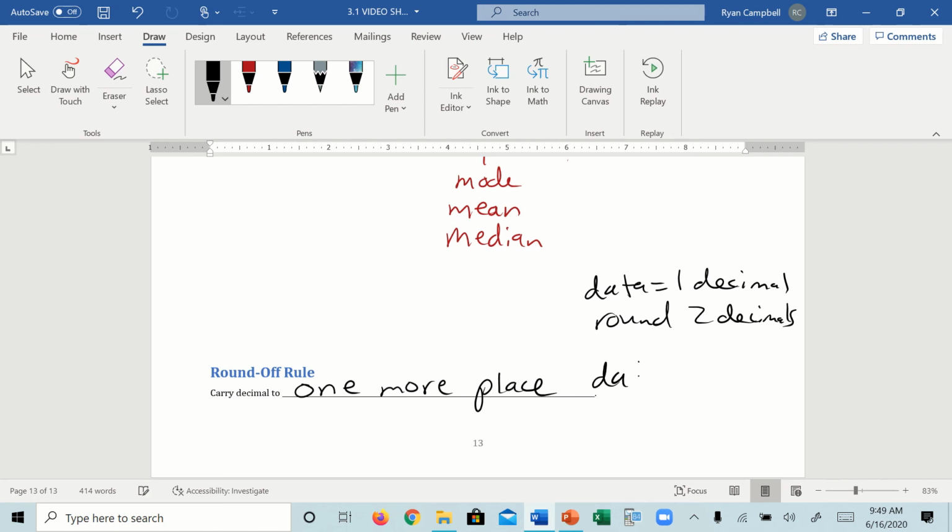If the data all has 15 decimals, how many decimals do we need to round to? We round to 16. Yeah, 1 more. All right. Again, not super important, but if you just want a general rule, that's typically what we do.